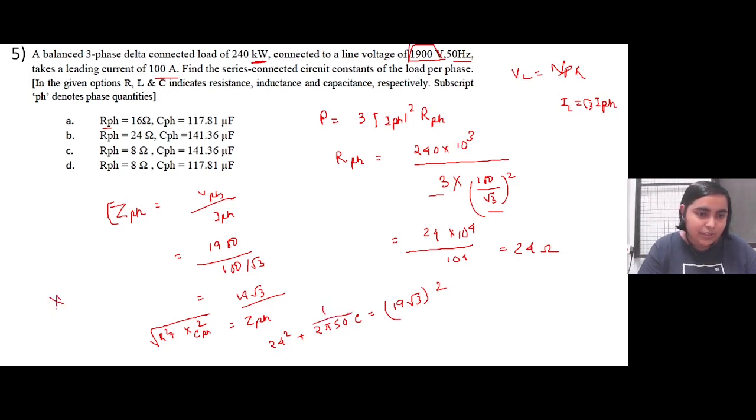XC is 1 by j omega C, so it will be 1 by omega C. Omega is 2 pi into 50, so it is 1 by omega into C. Let's calculate this. 19 root 3 whole square is 1083, minus 24 square.